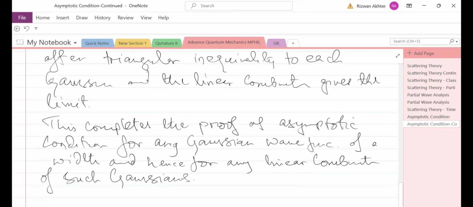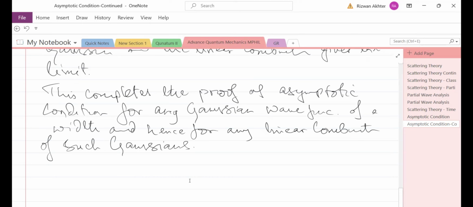Yeah, so this is basically the asymptotic condition.